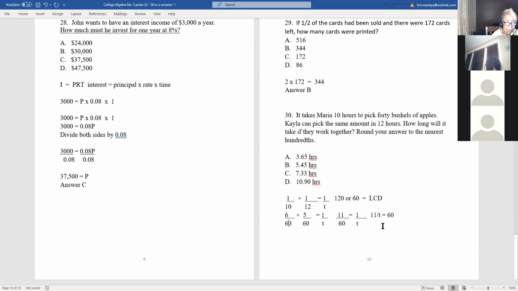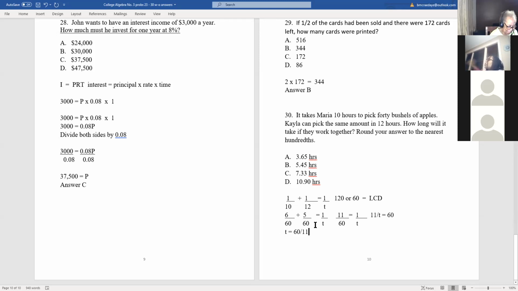Okay. So t equals 60 over 11. And what is that equal to? 60 over 11 is not 6, Latoya. Oh, shucks. I'm thinking it's 66.